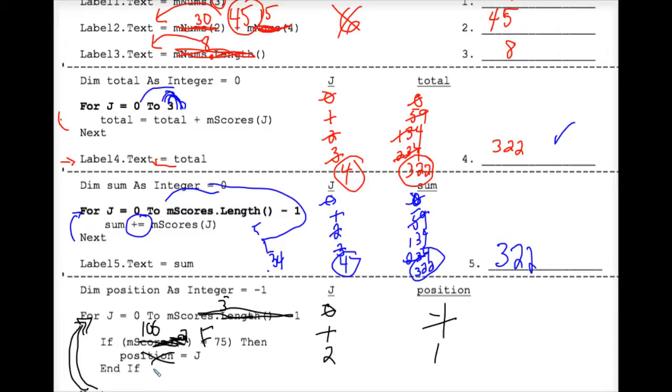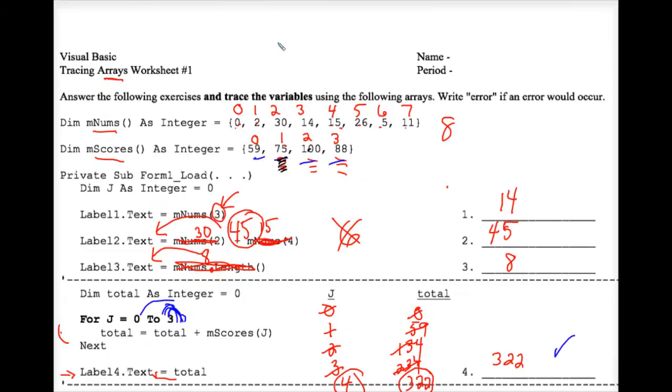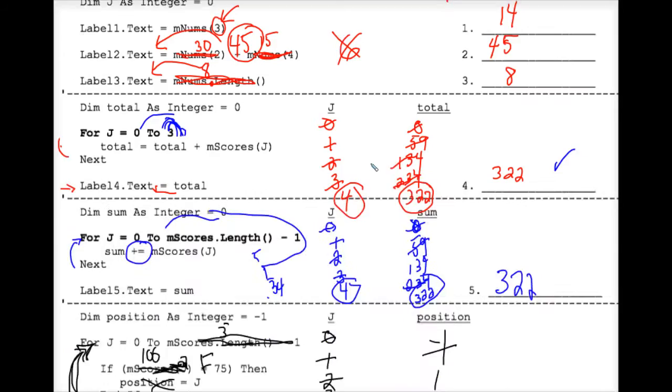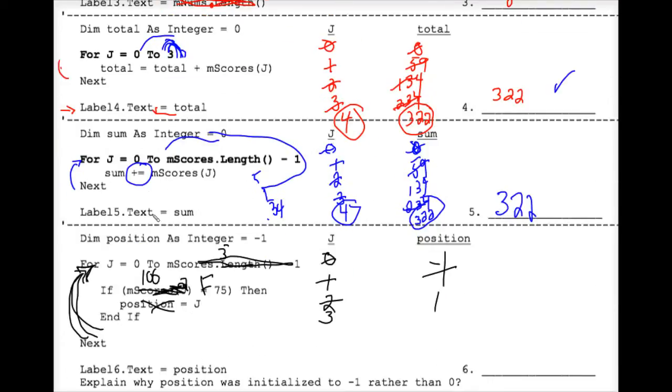We don't look at that, and we loop back up to the top where J bumps up to 3, and then we check to see if this is a 75. It's not, so we don't do anything else. We loop back up to the top, and now J bumps up to 4, and since we're over that 3, we're finished. Label 6.text equals position. Position is currently 1, and that 1 plugs into label 6, so that's our answer.